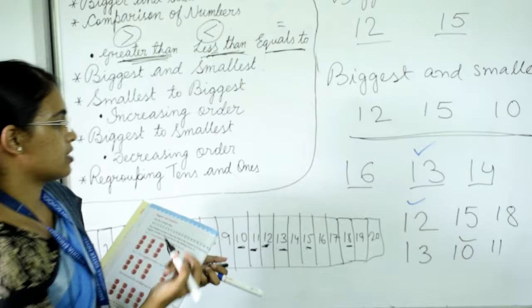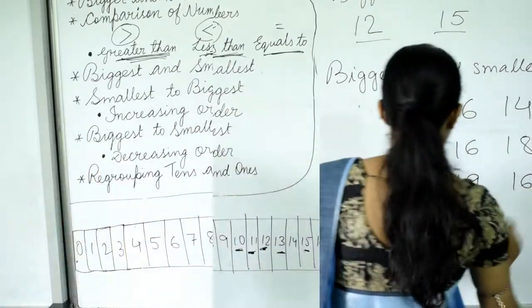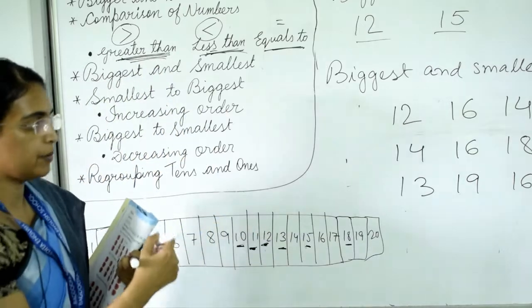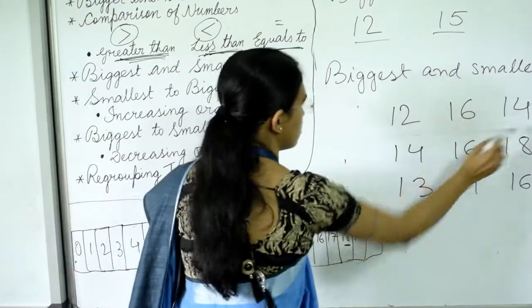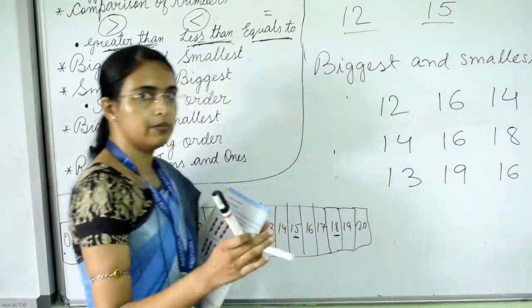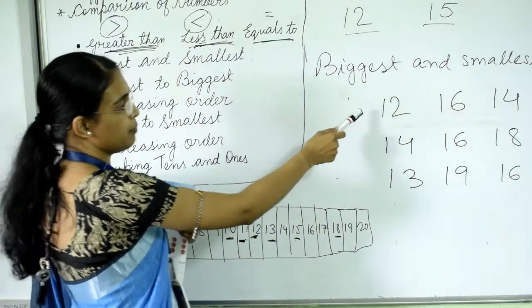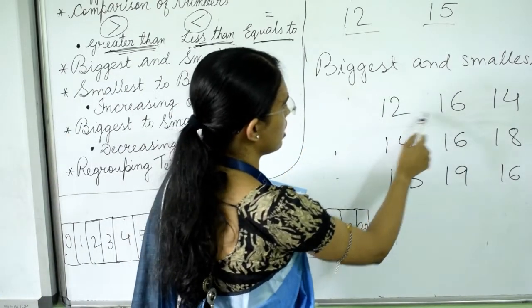Now in the same process we have to find out the biggest number. We have to find out the biggest number among these 3 numbers, and then we have to tick that biggest number. Biggest number means the one which is far away from 0. So in number 1, the first question is 12, 16, 14.